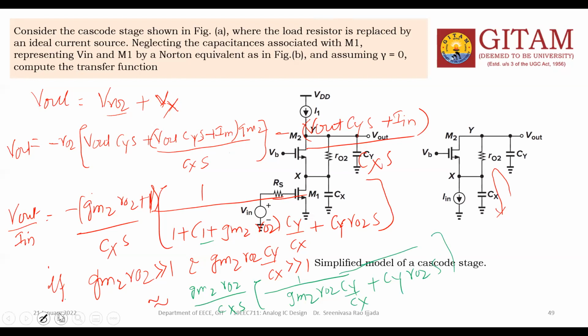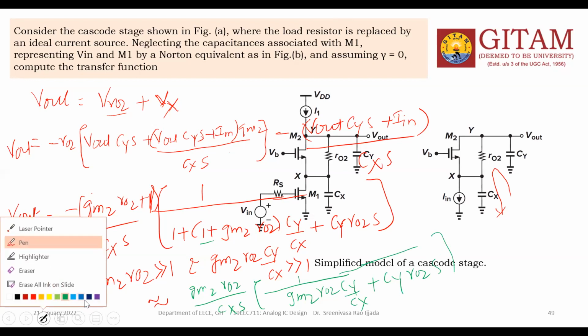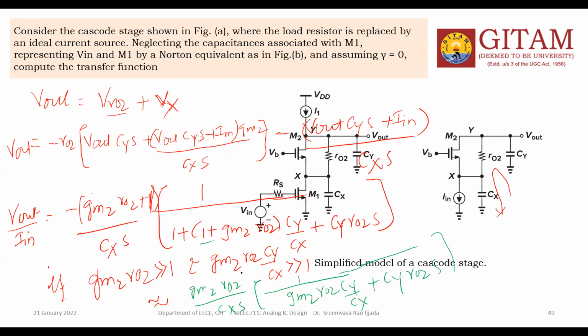Now, for further simplification, this r02 and this r02 cancel each other. So finally you have minus gm2 by CXS into 1 by Cy by Cx into gm2 plus Cys.